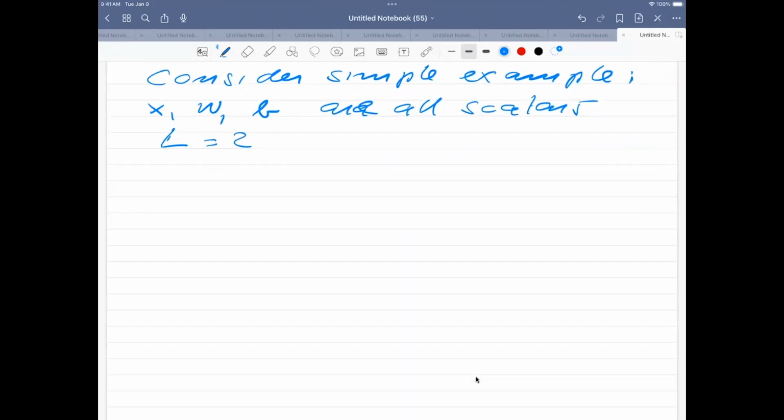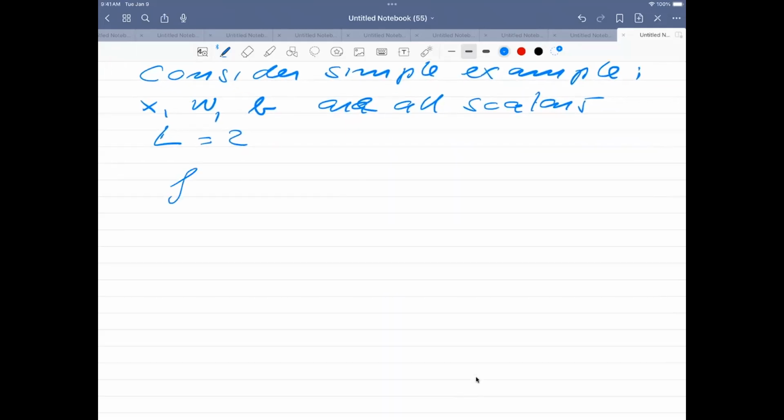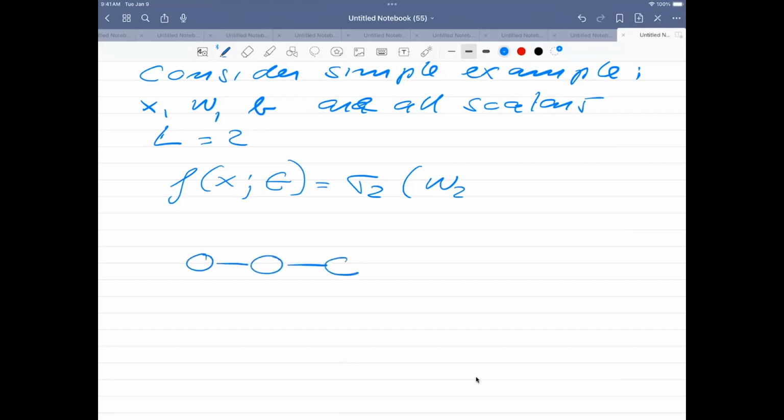We are then going to produce a function f of x, the input, as a function of these parameters theta, which is going to look like sigma 2, which is the activation function for the final output layer. This is going to be given by the weights of that layer. And I said that we have only one parameter. So this is in principle just something which looks like this.